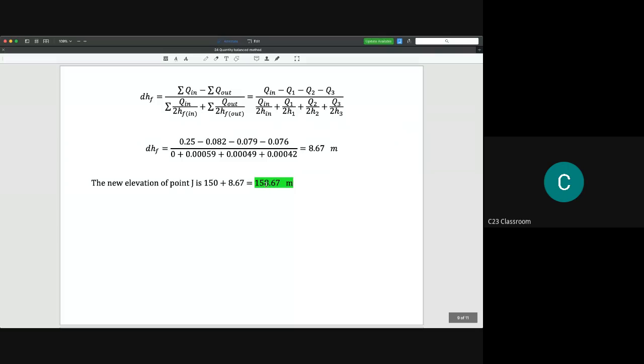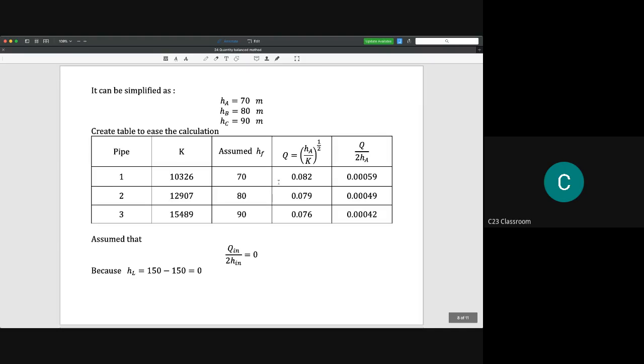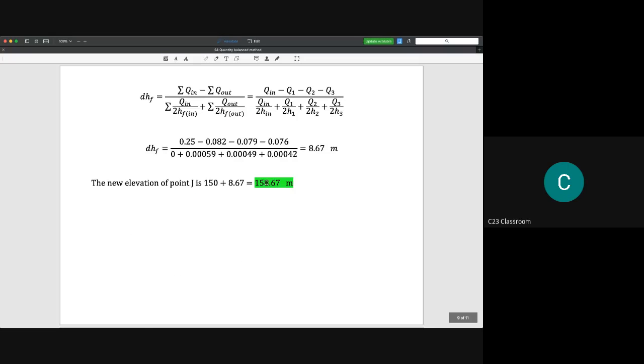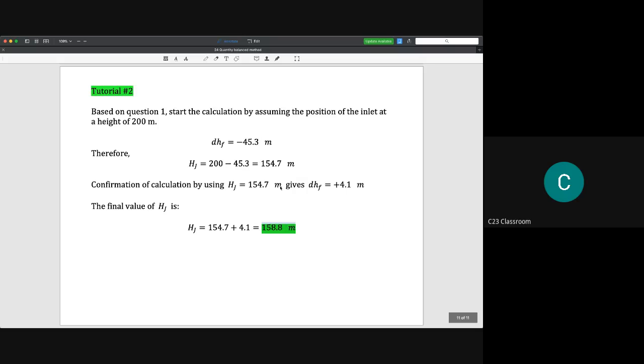You do that, and finally you will get a very small value to be deducted or added until it achieves the best answer. So it is 158.67, about 158.8. Maybe you need to deduct a certain value to get the accurate value, because in this situation, I think the delta HF still shows some very small amount.